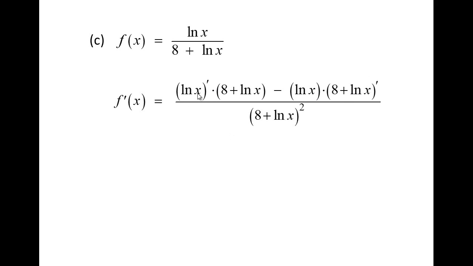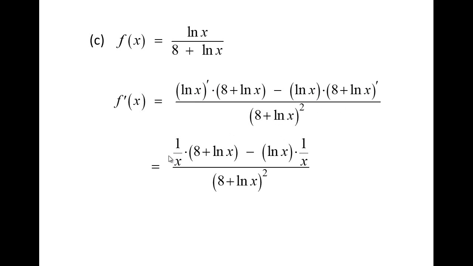Now the derivative of ln of x we know is 1 over x, and the derivative of 8 plus ln of x would be 0 plus 1 over x, so I get 1 over x here as well. So you get 1 over x times 8 plus ln x minus ln x times 1 over x. So notice that I have 1 over x times ln x here, and that's going to cancel out this term, so I basically get 8 over x.